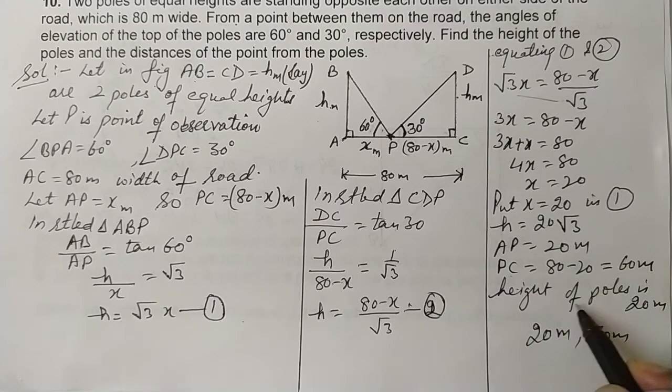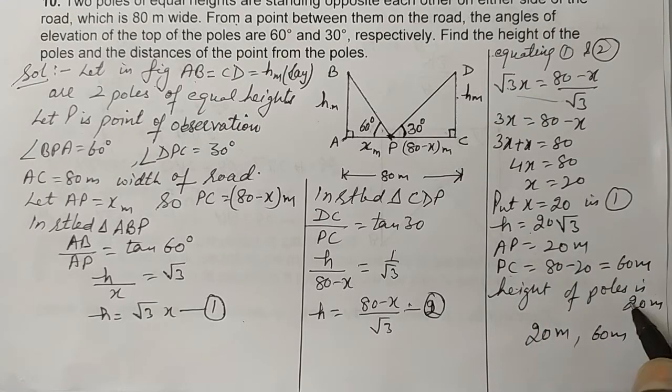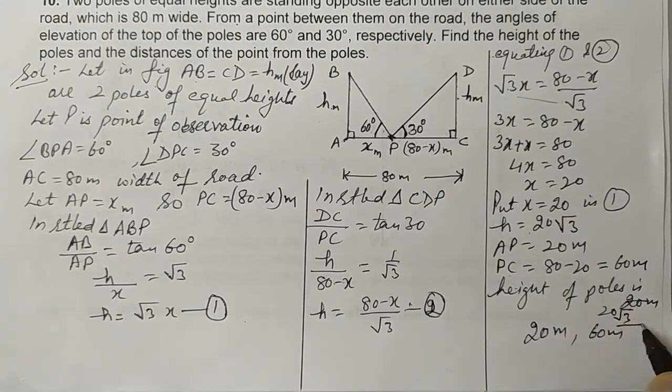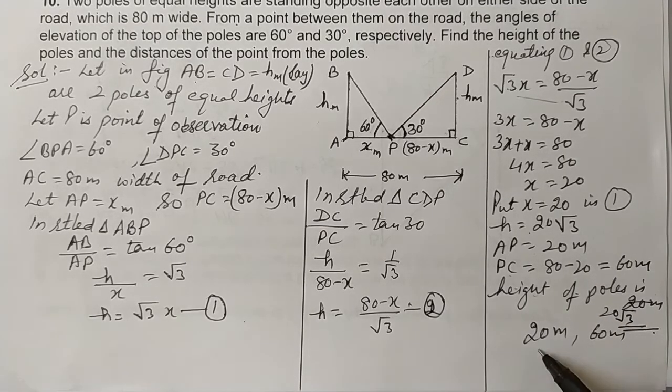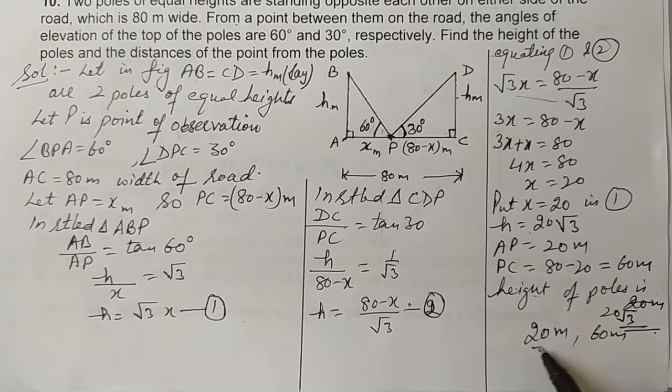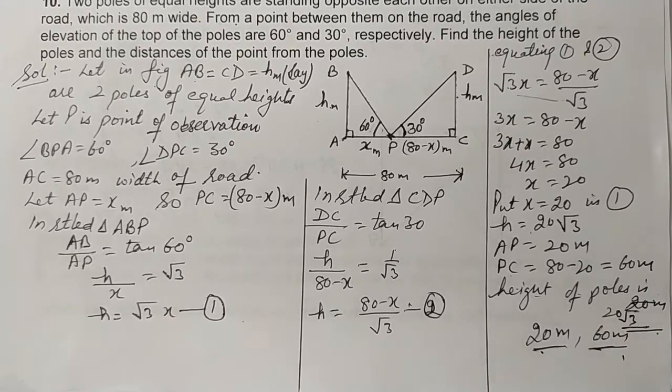Again, the height of the pole is 20 root 3, not 20 only, it is 20 root 3. So you can write the answer this way: height of poles is 20 root 3 meter, and the distance of the point from the poles is 20 meter and 60 meter. This way we will solve this question.